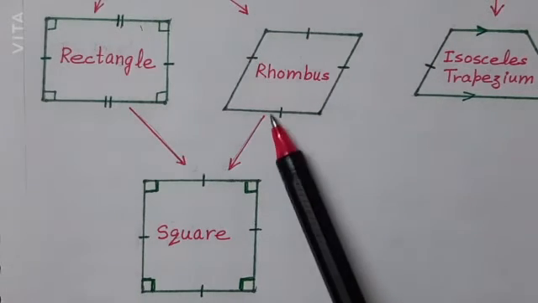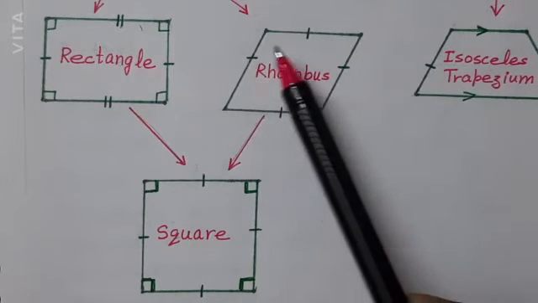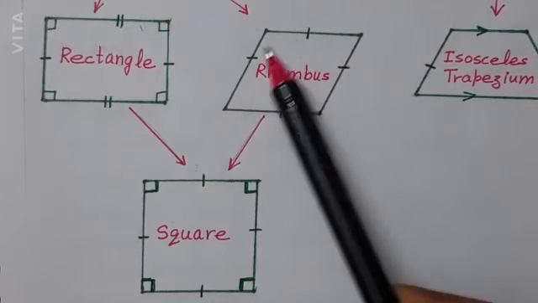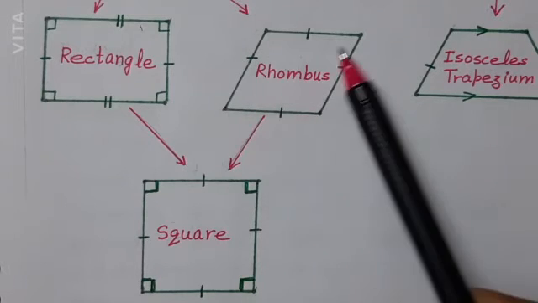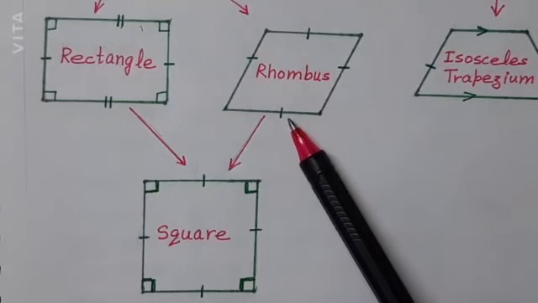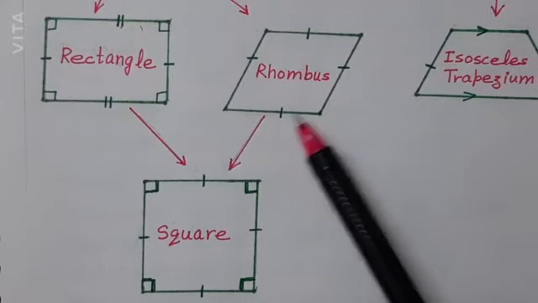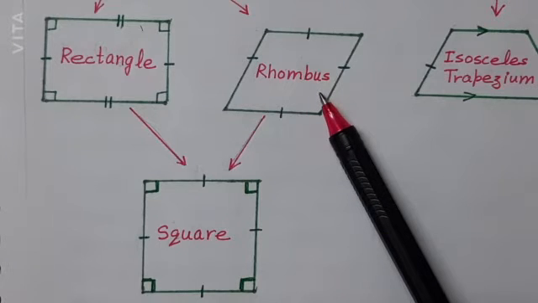Now in a rhombus, all sides are equal and opposite angles are also equal. Also, both the diagonals meet each other at 90 degrees. But students, in a rhombus, the diagonals are unequal, that is, they are not equal to each other.